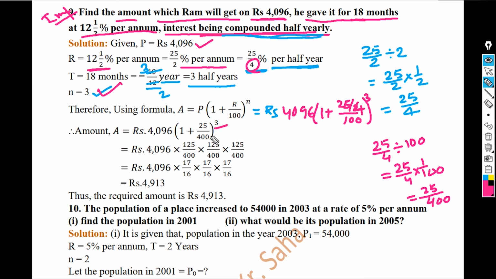And take LCM. Sorry, let me change here. Not like this. Just LCM is 400. It is 425, and after cancelling you will get 17 by 16, and its value, the amount, is rupees 4913.